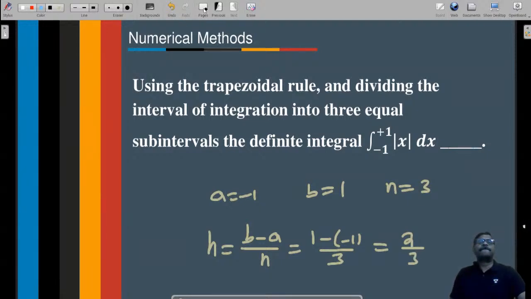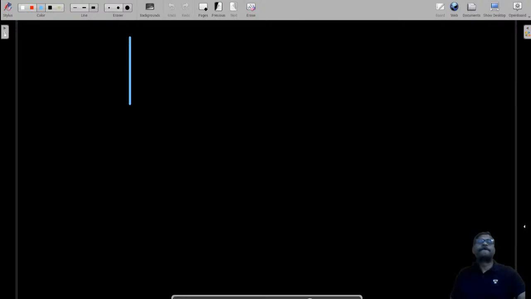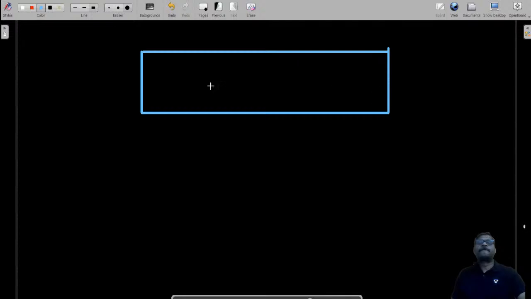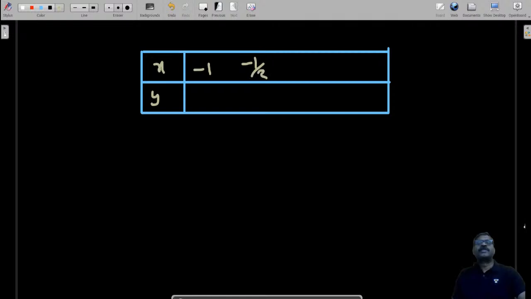Therefore the table: minus 1, minus 1 plus 2 by 3 is minus 1 by 3, plus 2 by 3 is 1 by 3, plus 2 by 3 is 1. The modulus of minus 1 is 1, the modulus of 1 by 3 is 1 by 3, 1 by 3, 1. This is y0, y1, y2, y3.